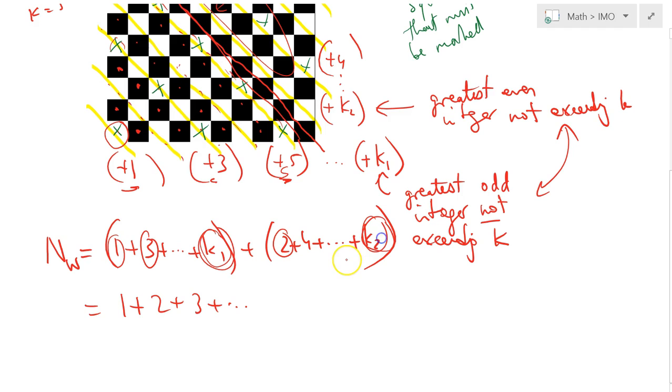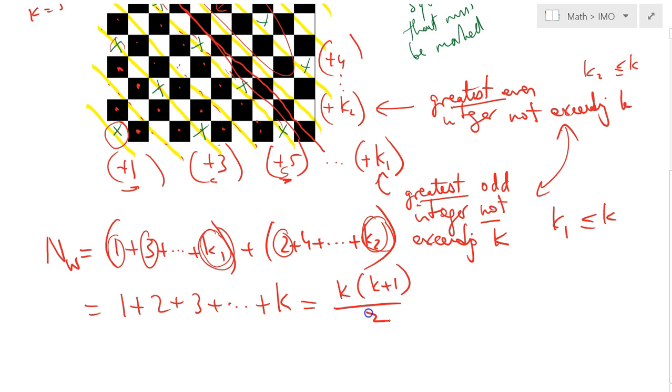Eventually one of these numbers will be equal to k, right? Because k1 is less than or equal to k, and k2 is less than or equal to k, such that they are the greatest. So there are plus all the way up to k, which is just k times k plus 1 over 2.